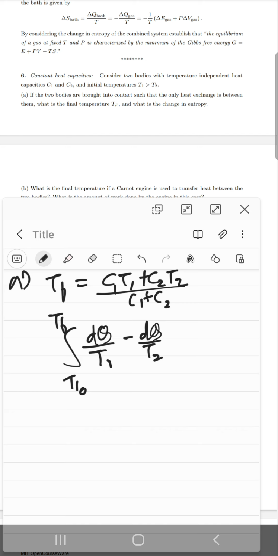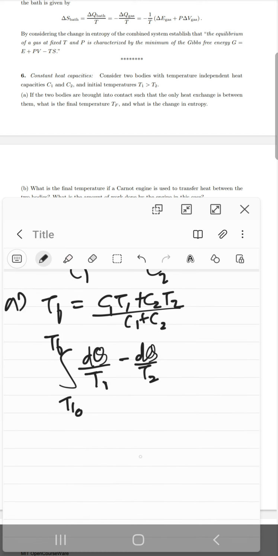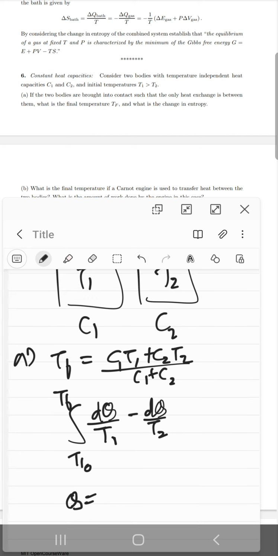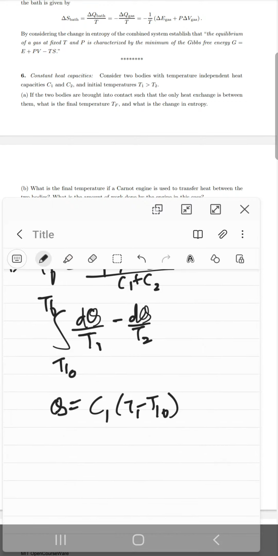At any given instant, if the amount of heat that has flown is q, then q is related to the change in this body, so q is C1 times (T1 minus T1 naught). But at the same time, q is C2 times (T2 naught minus T2). In that way you can relate T2 and q both to T1.